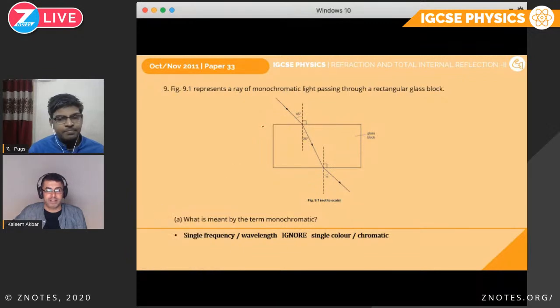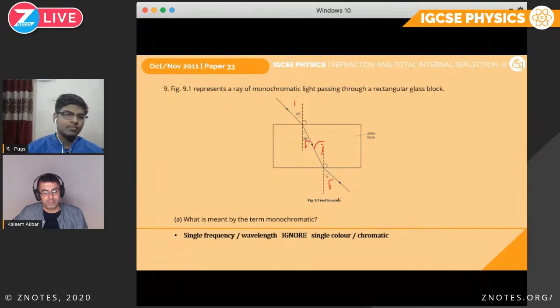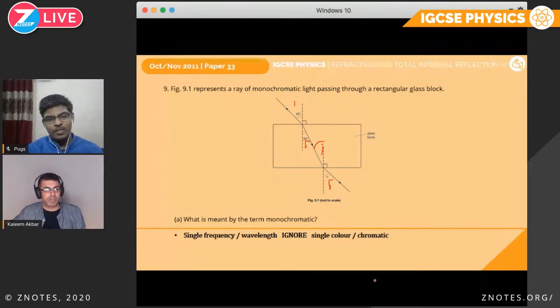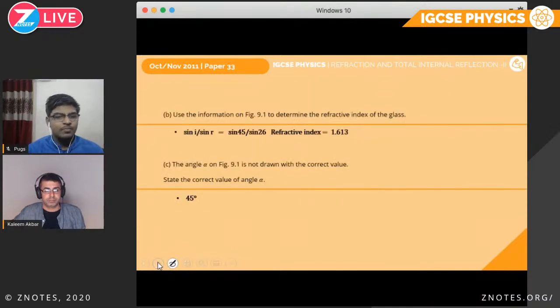Guys, what I mean is this i goes with this r, and this i goes with this r. Don't confuse them. One of the mechanisms I gave you not to confuse them: you treat each boundary on its own. Air to glass, glass to air. So please do not confuse them.